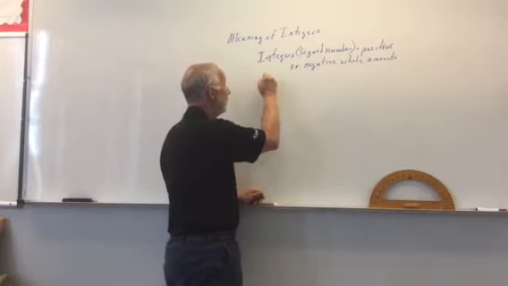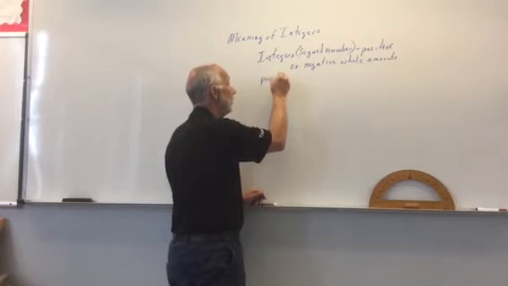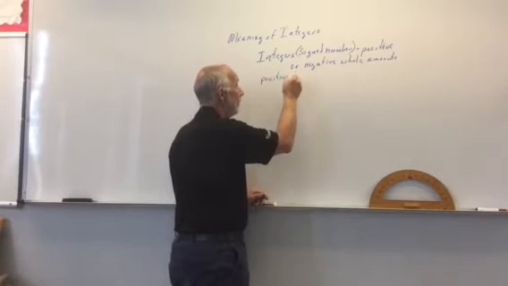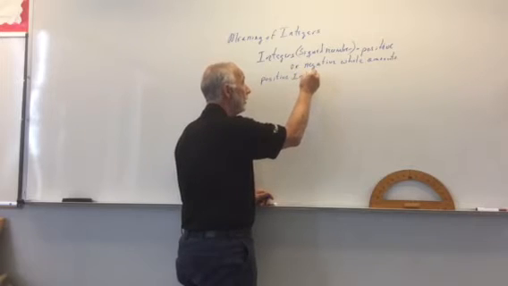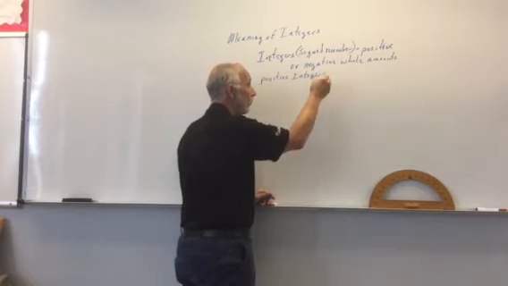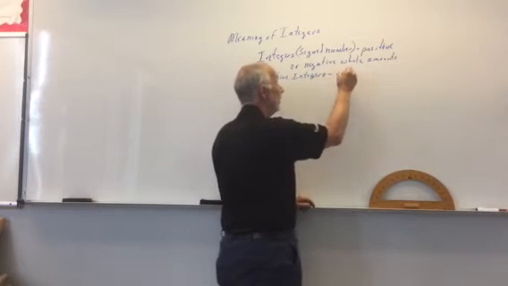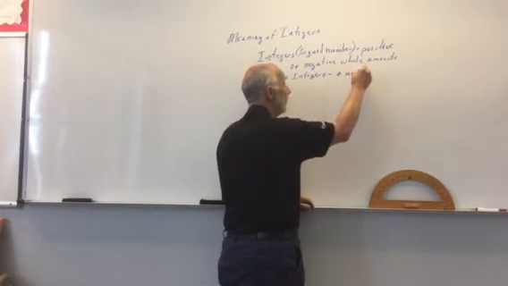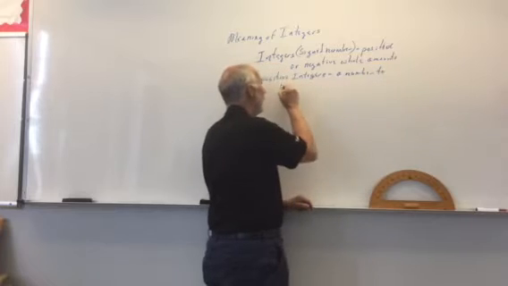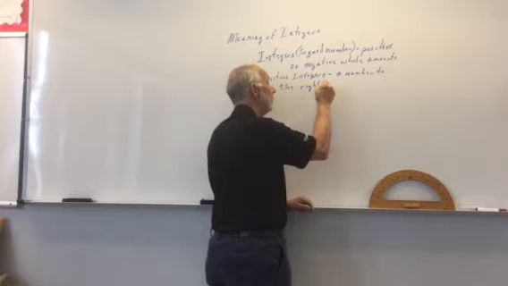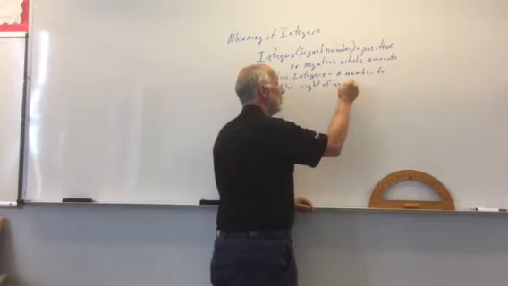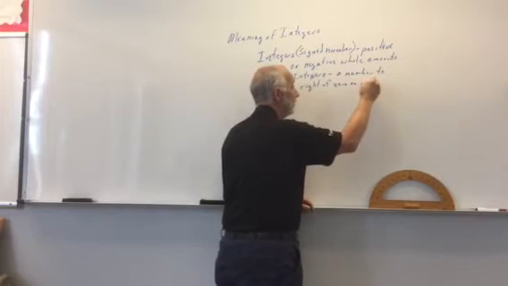Well, positive integers are the type of numbers that you've dealt with since kindergarten or pre-K, all right? Because a positive integer is a number to the right of 0 on a number line.